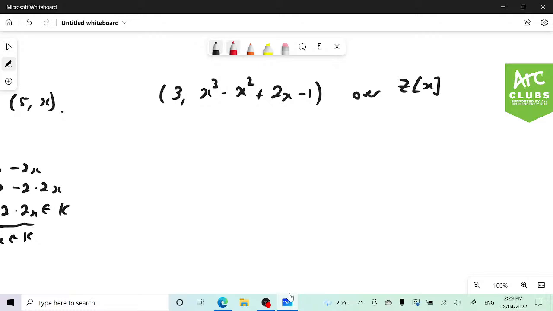Remember that if this was principal, then there is an element in this ring such that it generates 3 and it generates this polynomial here.